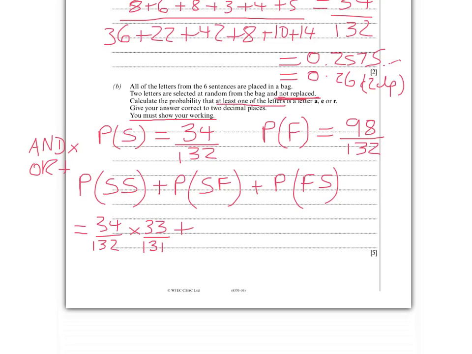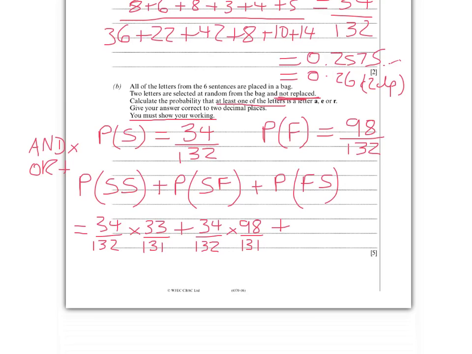Now, we could have picked that one, or we can pick another one, so we're going to add this one on. So again, the success was 34 out of 132 with our first tile. But this time, we're going to have a failure with our second attempt. So there's still 98 not AERs available out of the remaining 131 tiles.